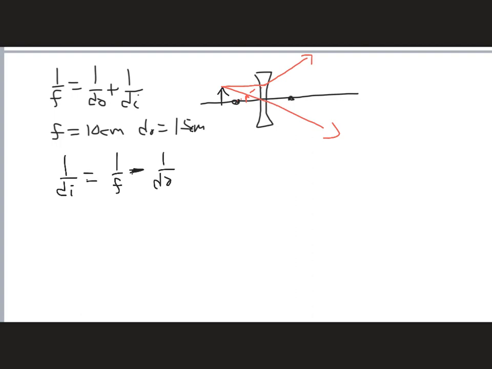So again, solving for the image distance, 1 over di equals 1 over f minus 1 over do. It's the same thing we've seen many times now. We can plug in the values, remembering that the concave lens, the diverging lens, has a negative focal length. So I can plug in 1 over negative 10 centimeters minus 1 over the object distance, which is 15 centimeters.